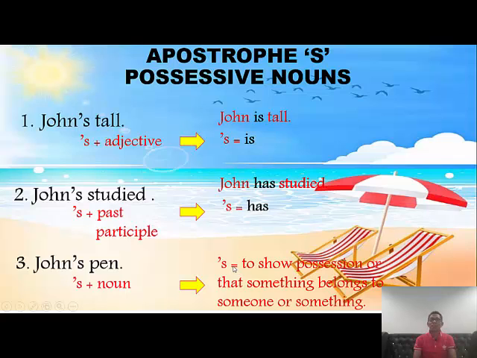The pen of John. This actually shows the pen of John, that the pen belongs to John, or John owns the pen. That's the meaning of apostrophe plus noun here. John's pen.